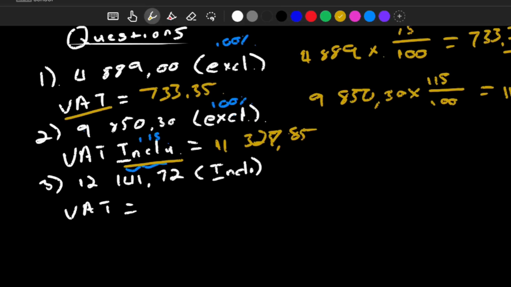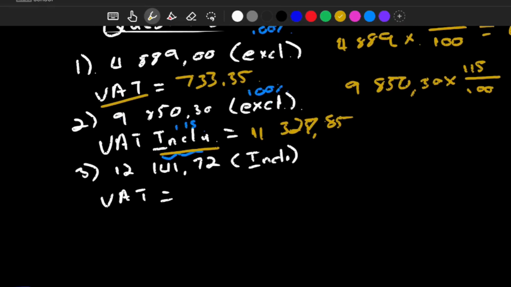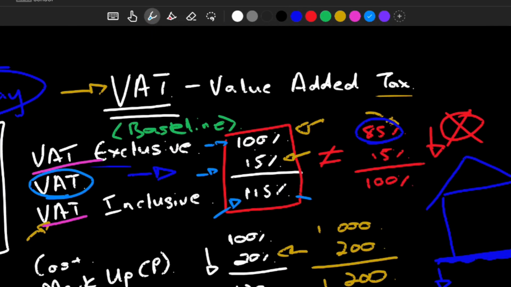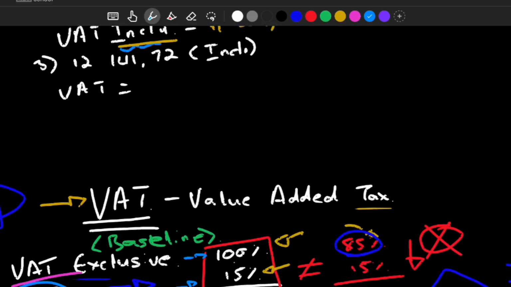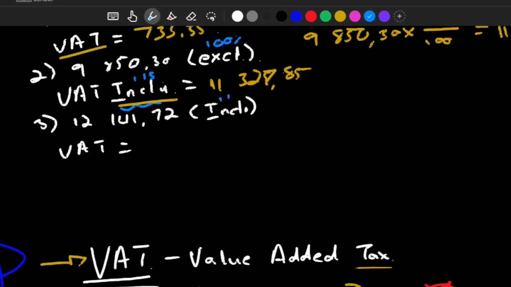right? Finally, 12,141.72 cents is our VAT inclusive amount. What is our VAT inclusive amount? We know that it is the 115, 115%. What are you trying to find? Our VAT at 15%.